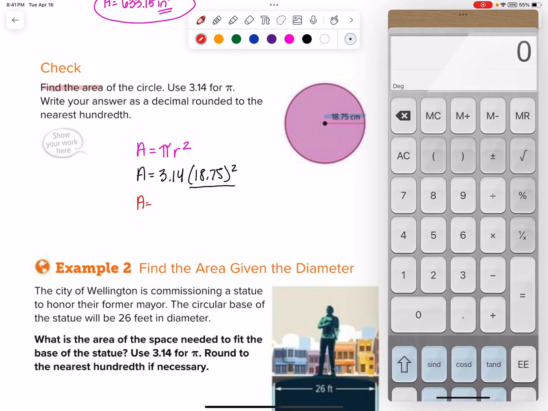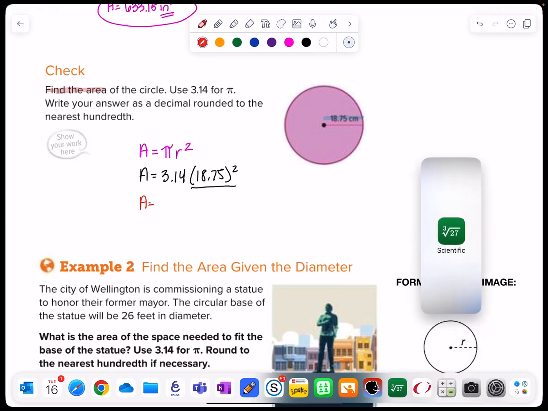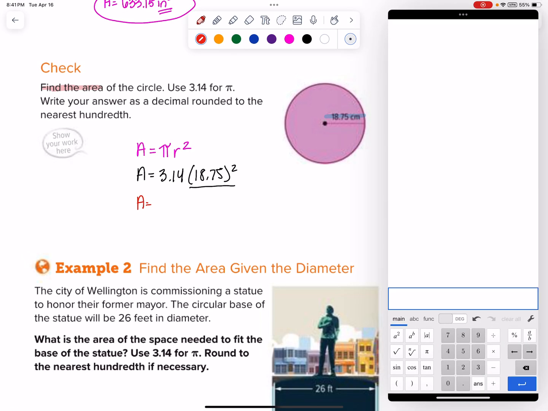Okay, so let's go ahead and solve this. Let's take a look at the Desmos calculator for this so we can actually use the squared button. So 18.75, and then we can just use the button right there, okay? And you can see it takes care of that for us.